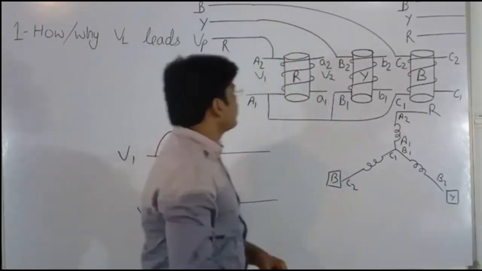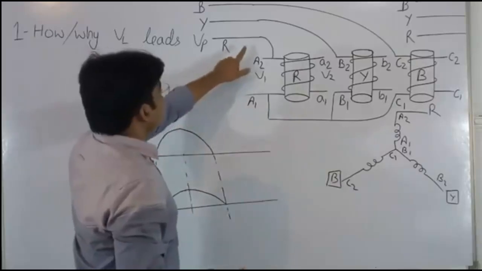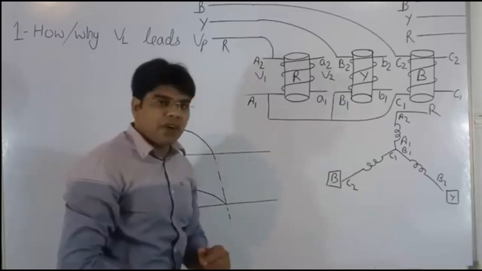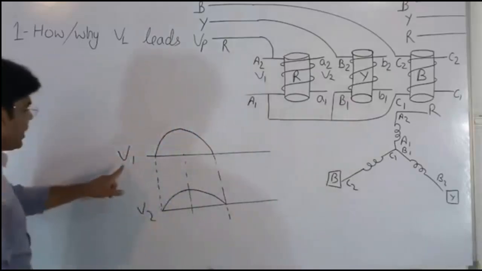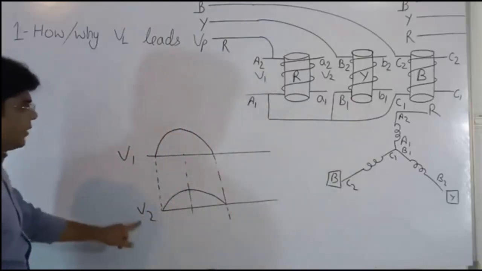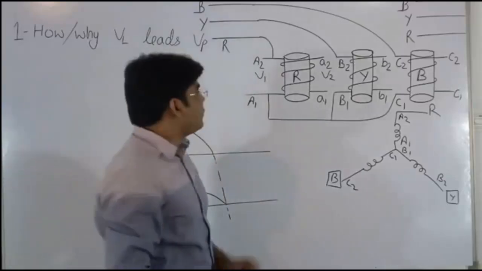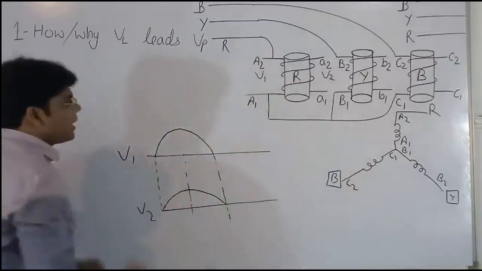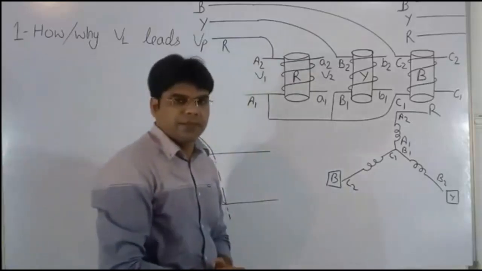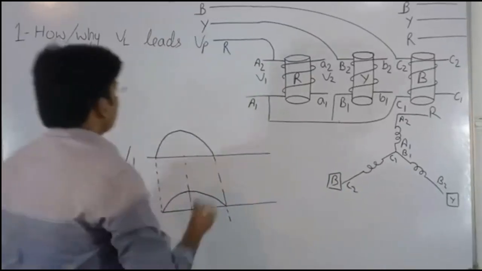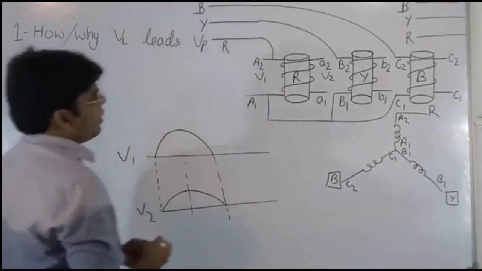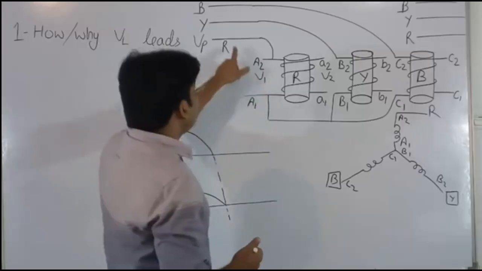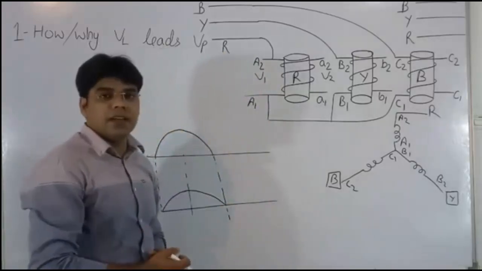Means if I want to measure voltage VRY, then VRY will not be in phase of V1 and V2. VRY will lead this voltage by 30 degrees. So we will see how line voltage leads phase voltage.